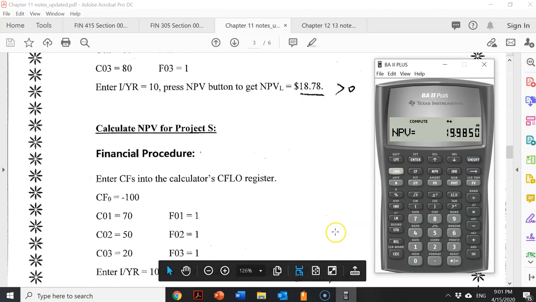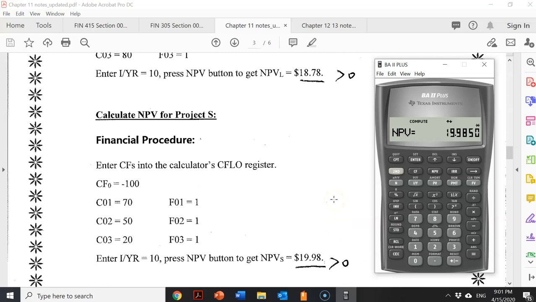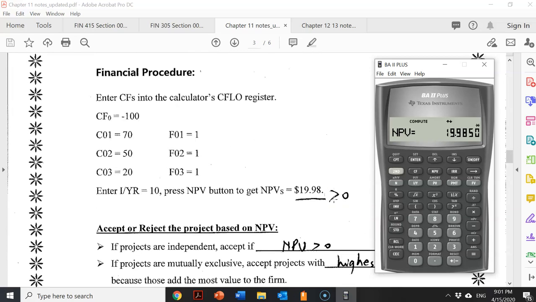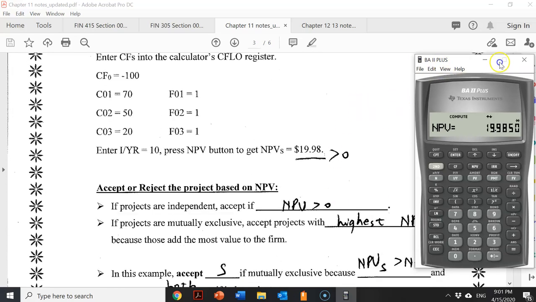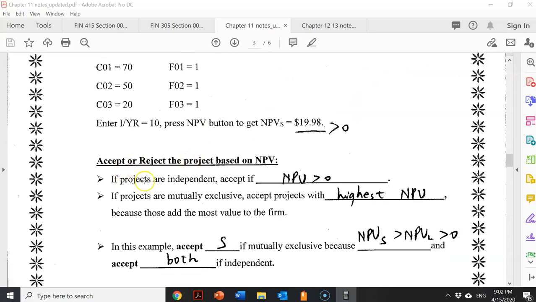Okay, it's also positive, so we know that if the two projects are independent, we would accept if NPV is larger than 0. If projects are mutually exclusive, accept projects with highest NPV because those add the most value to the firm.